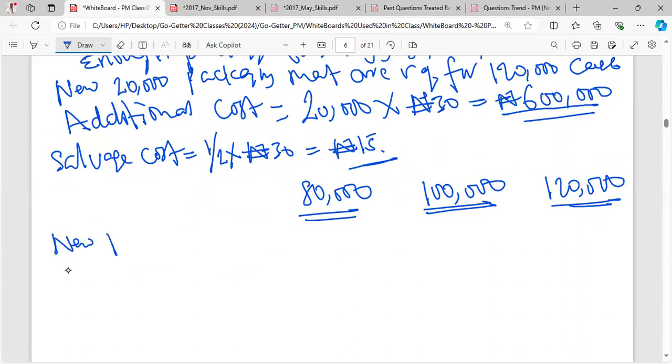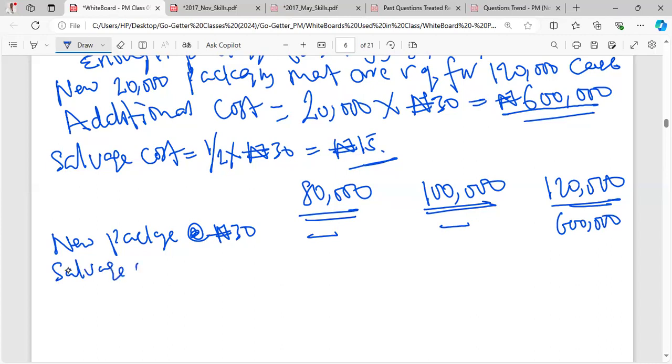New package at 30 naira. This is dash, dash. This is 600,000. Salvage of existing at 15 naira.